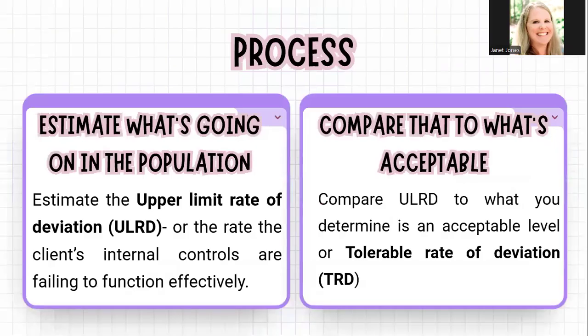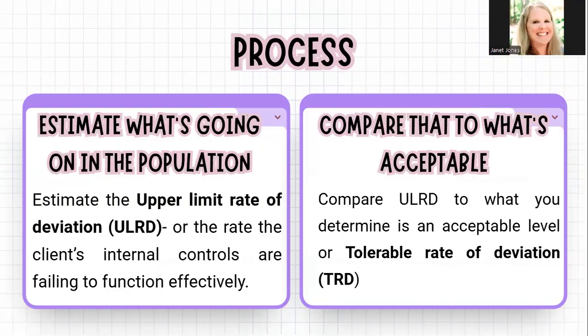So how we do this is we first have to think about what is okay. Before we even touch an item or start our testing, we want to think about what would be acceptable for us. Let's say we're talking about an authorized transaction. That's the control we are going to check. Maybe it's a payment disbursement to make sure it was authorized before it went out.